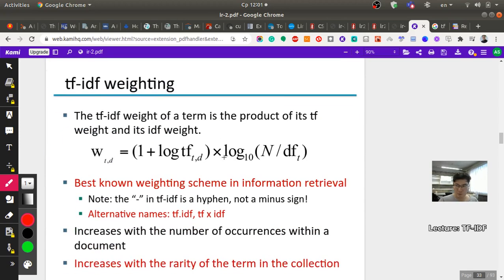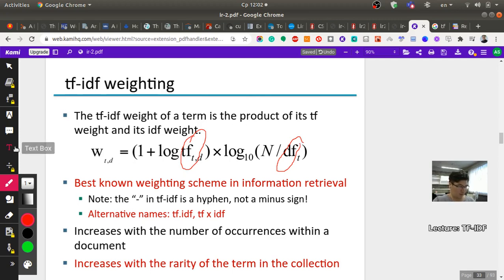So we get to the next topic, TF-IDF. We combine these weights. First of all is the TF weight, term frequency, and this is the formula. Term frequency, as we said, is how many times the word is met in this document, whilst DF is how many documents contain this word.